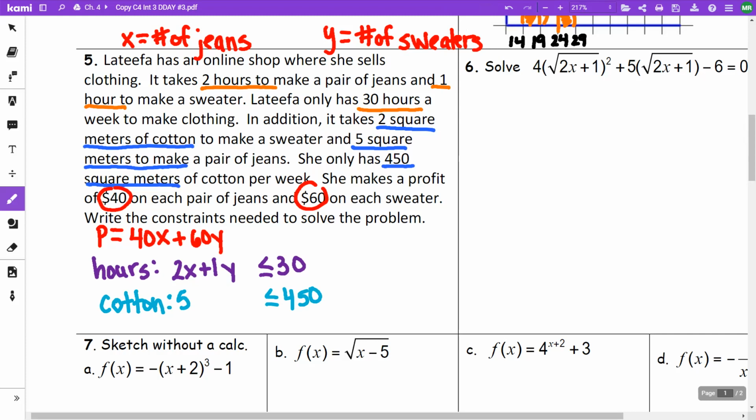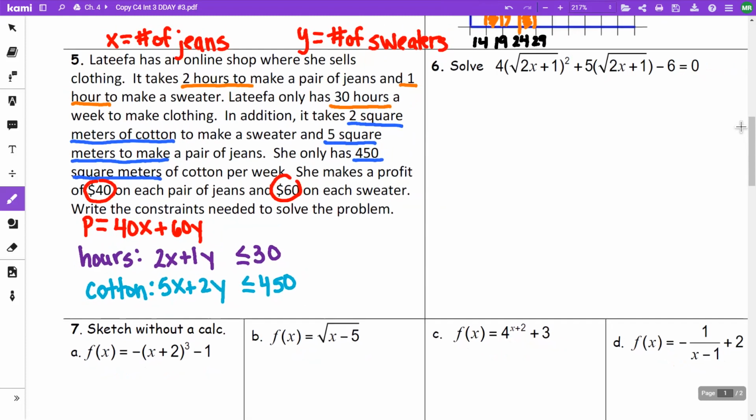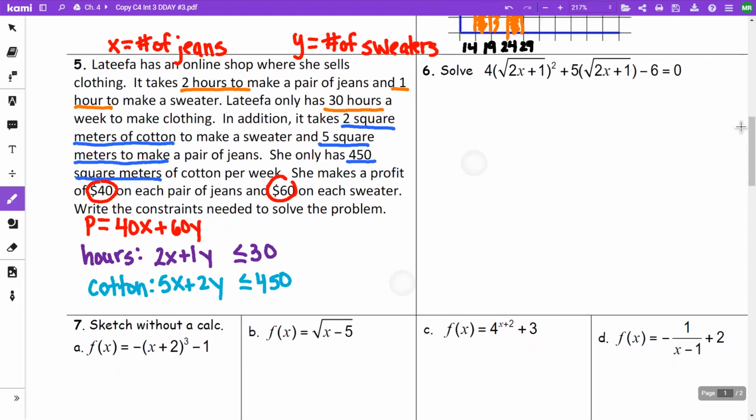So 5X, that's for your jeans, and 2Y, that's for your sweaters. We want to make sure we don't mix up the order because they actually switched it here on this part. And that's it. That's all you need to do. They're not asking us to graph it or find any answers.